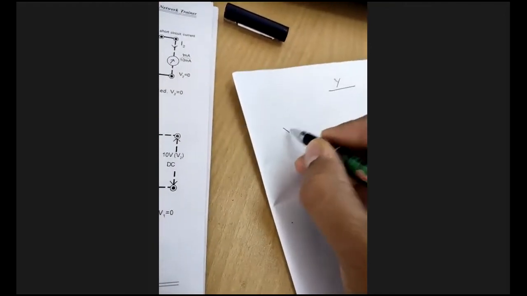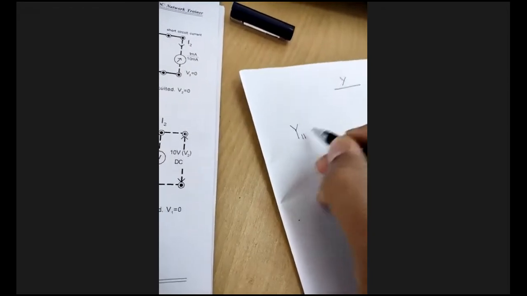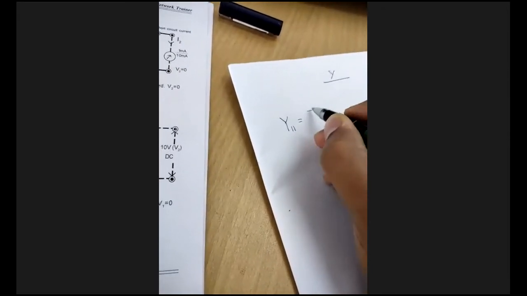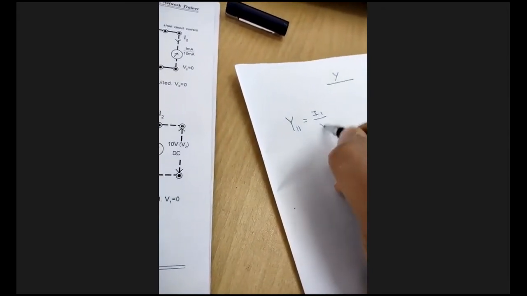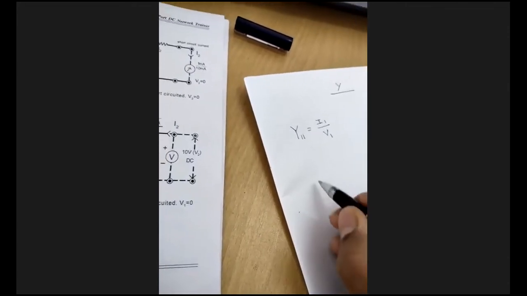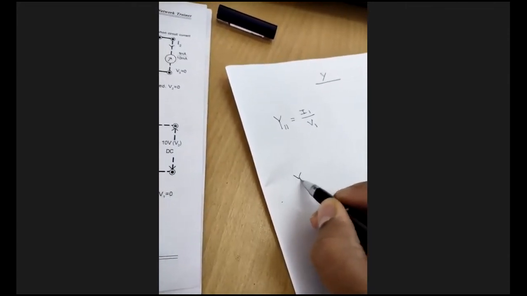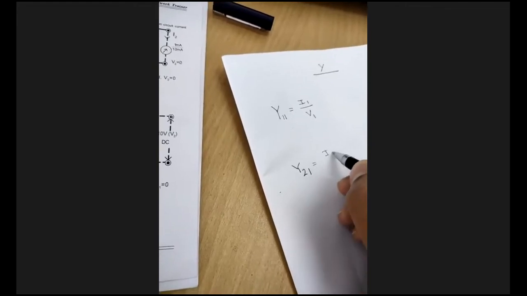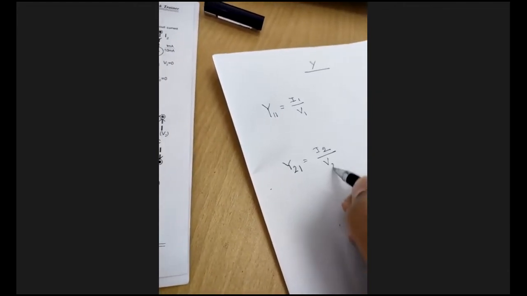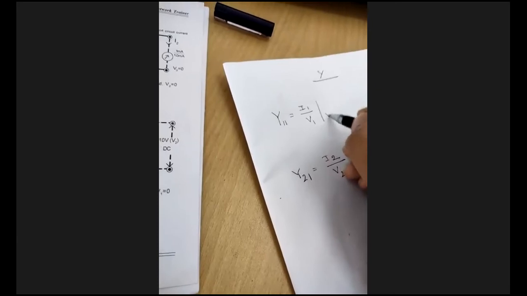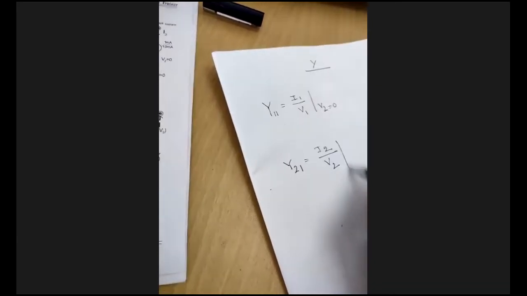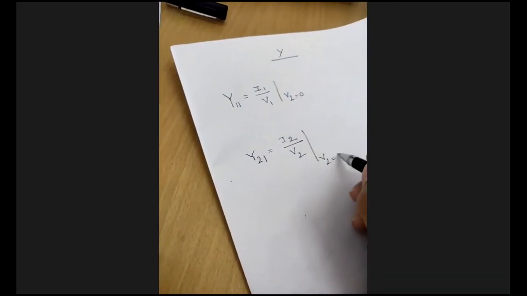First, we are going to find out Y11, I1 by V1, and Y21, I2 by V1. The condition here is V2 equal to 0. Here also the condition is V2 equal to 0.